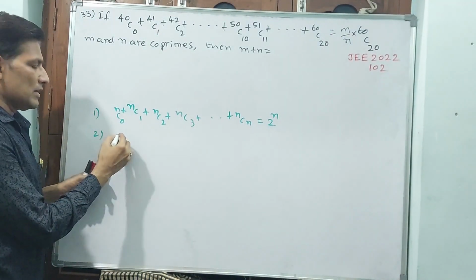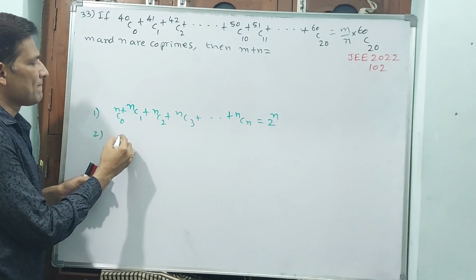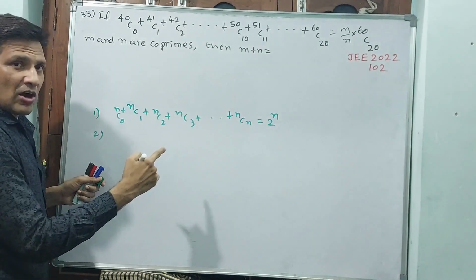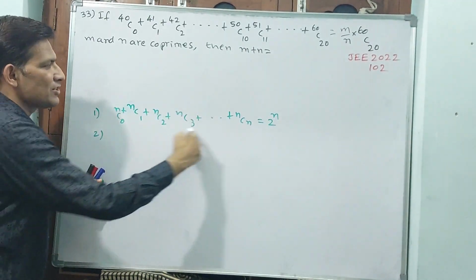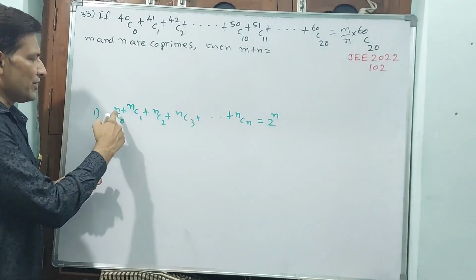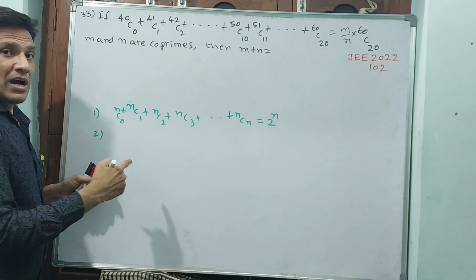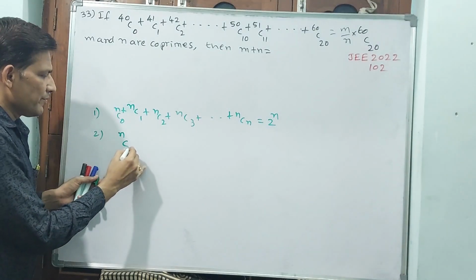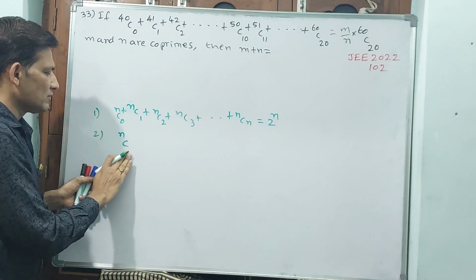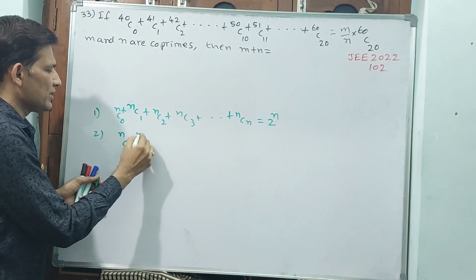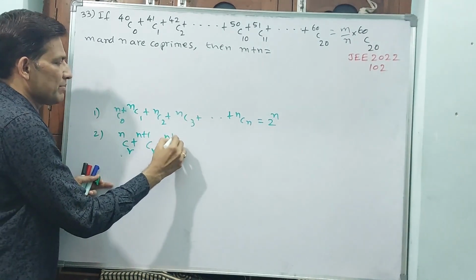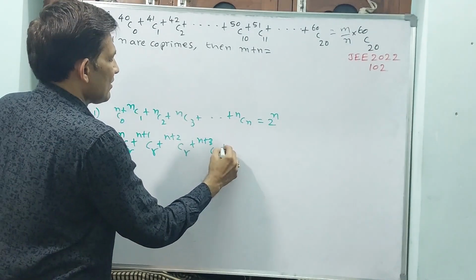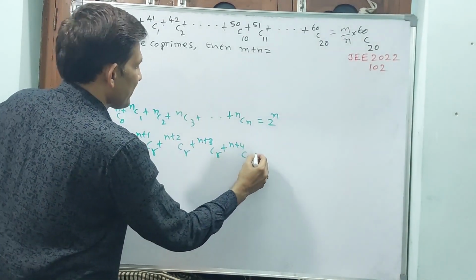Second model, what have we done? Here n is common, R is changing. NCR, n is common, R is changing. Another model: NC R plus n plus 1 CR plus n plus 2 CR plus n plus 3 CR plus n plus 4 CR.